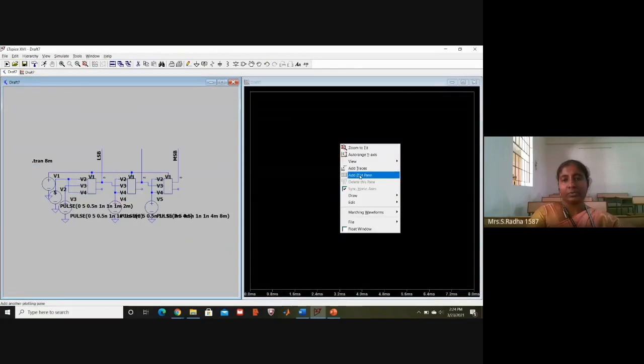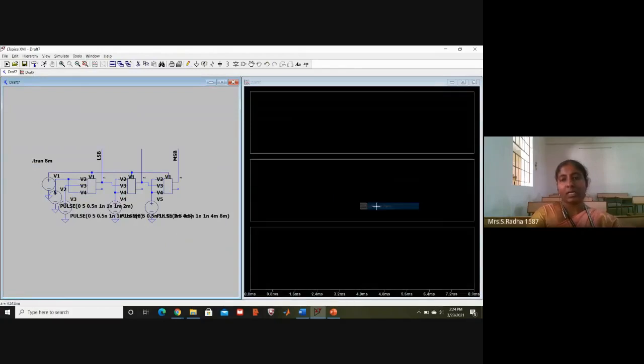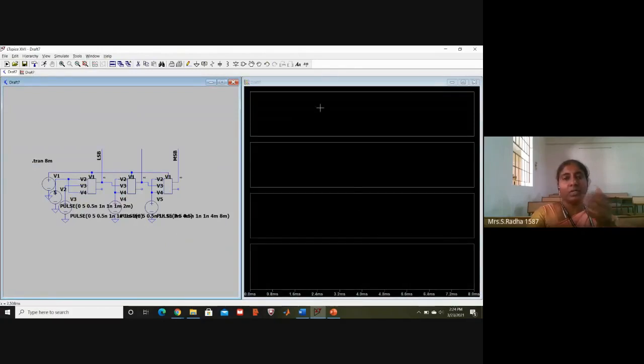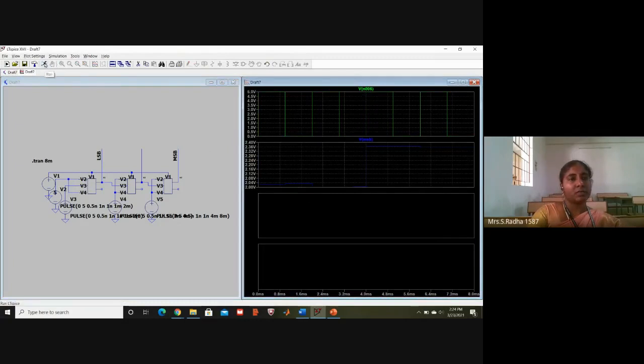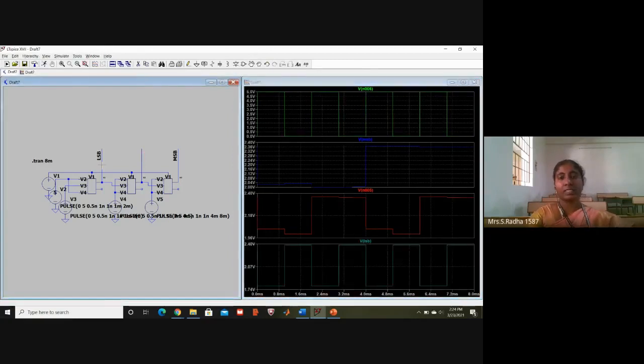As I told you, 1 clock signal and 3 bits output. In the first one, I will go with the clock signal. In the second one, I will go with the MSB output. Next one, second bit output. Next one, LSB bit output. I told you asynchronous up counter.